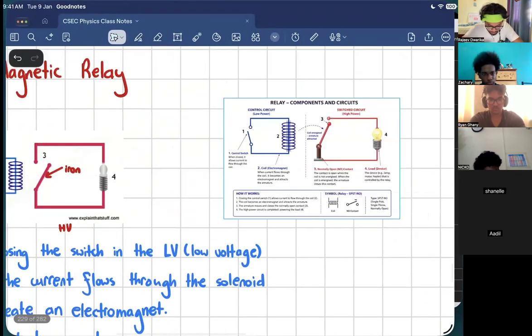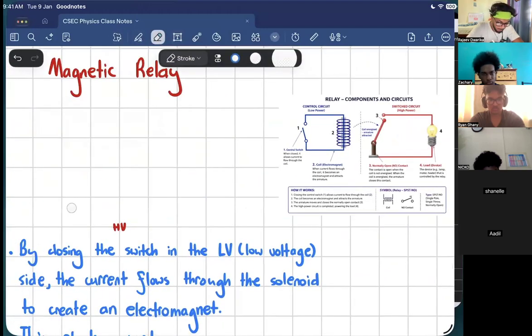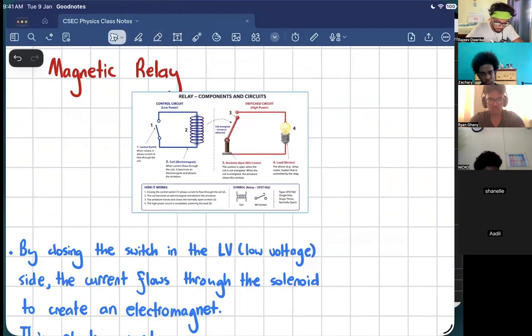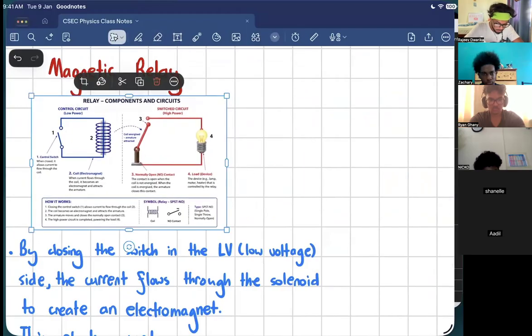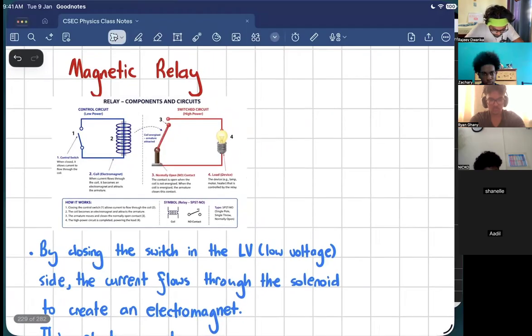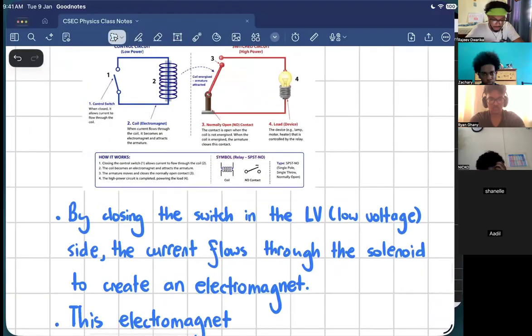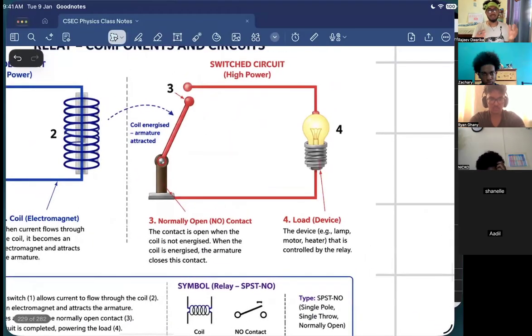Right, and they call this switch, okay guys. Let me read it. It looks like an arm, does it not? Look, it looks like an arm, right? Like an arm.